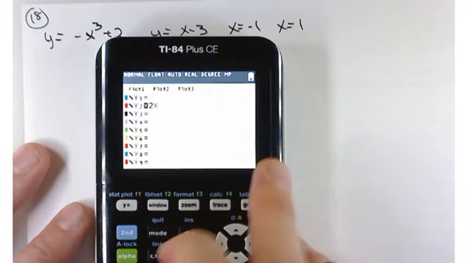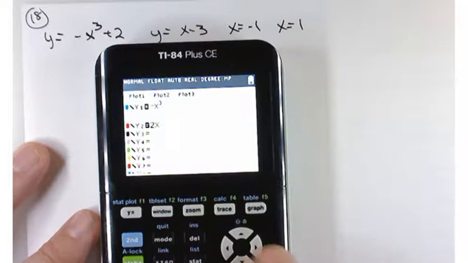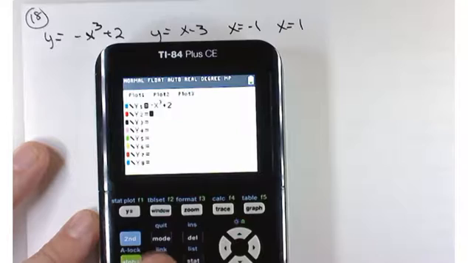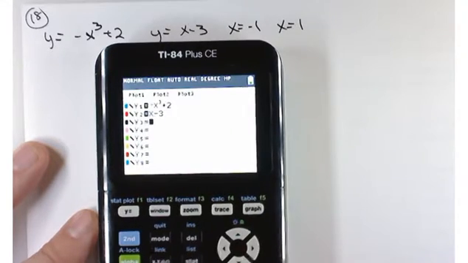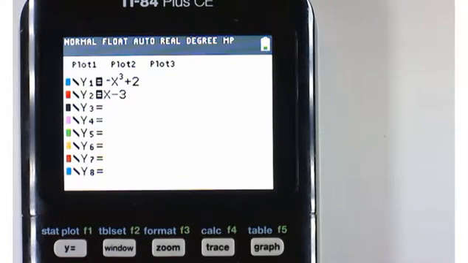Let's enter in the two functions, negative x cubed plus 2 and x minus 3. As far as setting up your window is concerned, keep in mind that they gave you the limits for x, right? They told you it's going to be between negative 1 and 1.